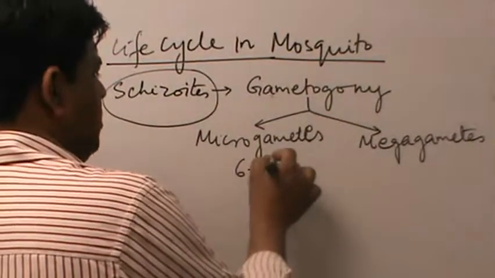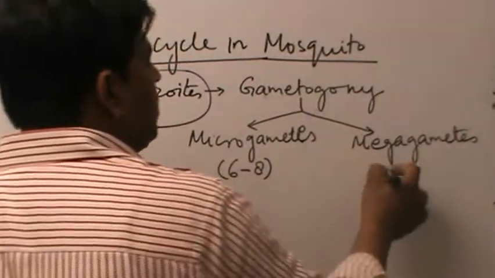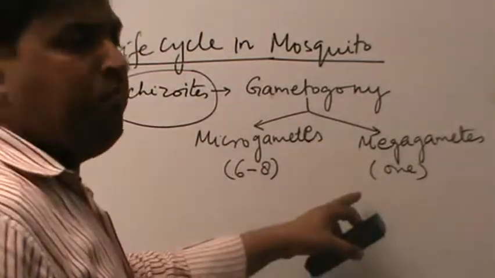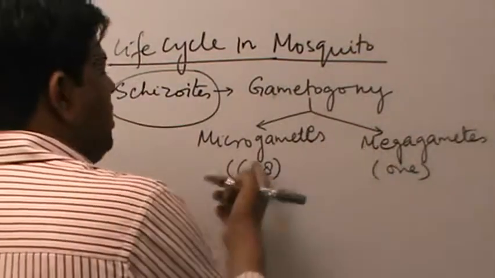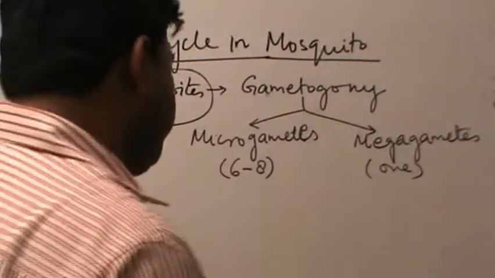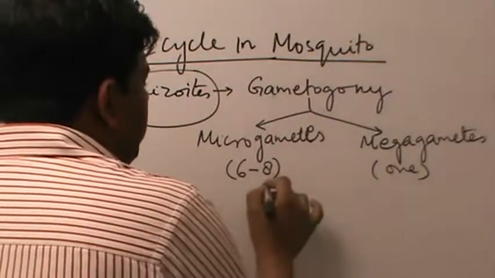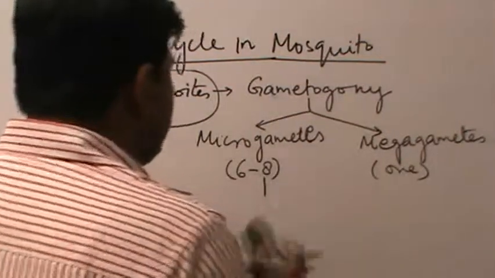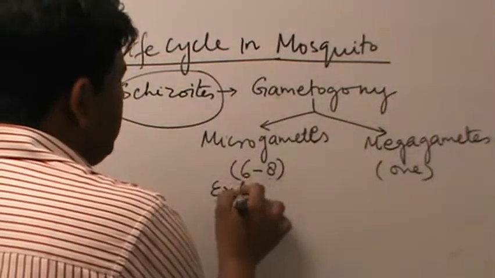Six to eight microgametes are formed and only one, I repeat, only one megagamete is formed. These are microgametes, these are megagametes. This microgamete formation is called exflagellation.